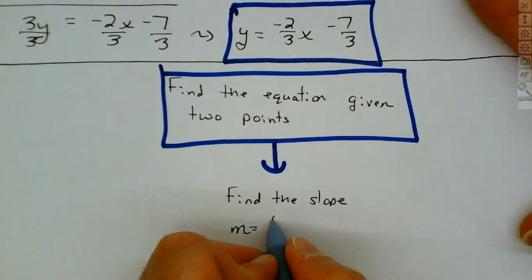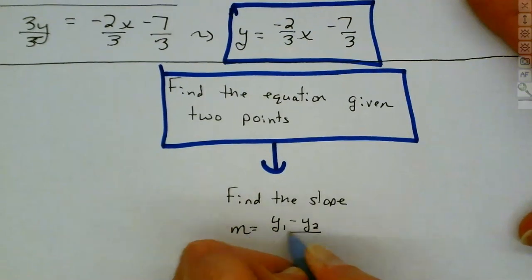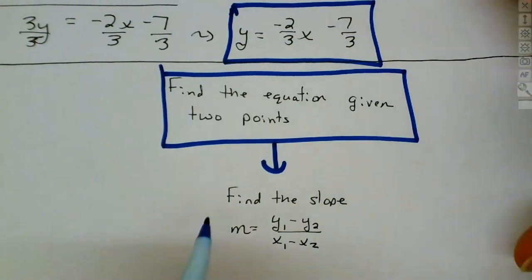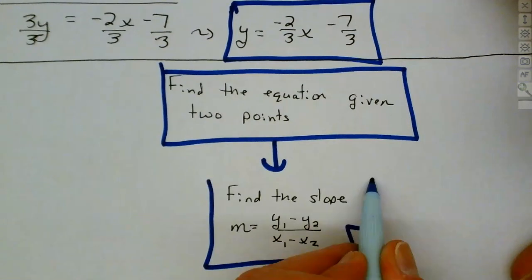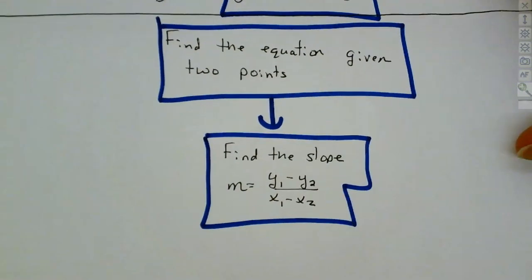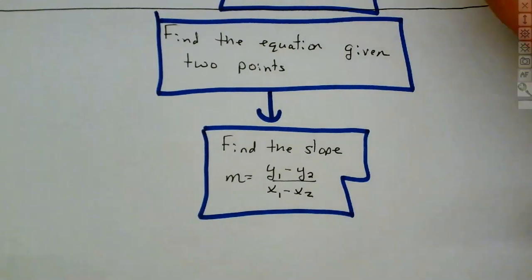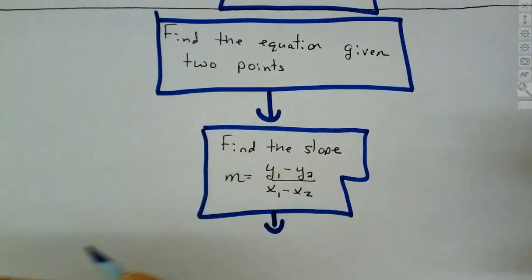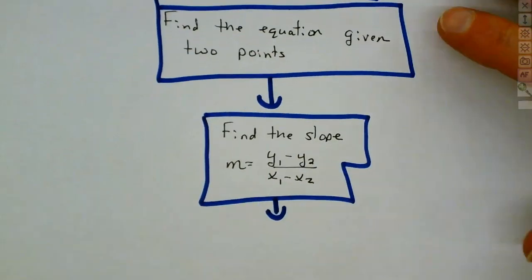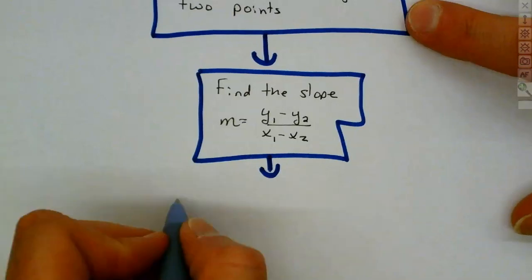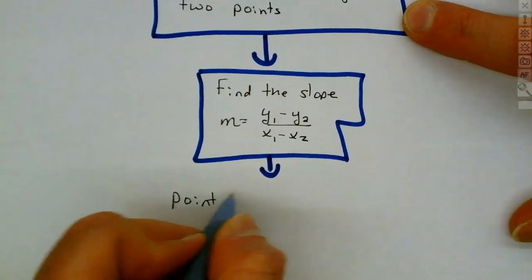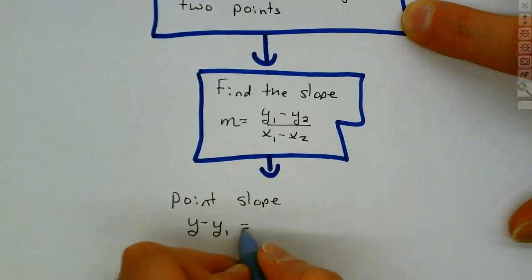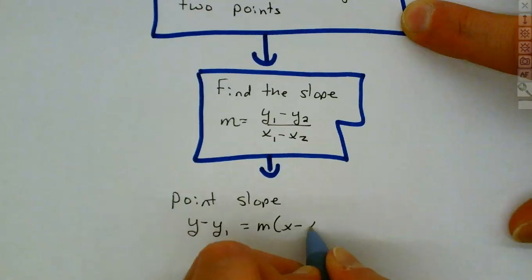Which, remember, your slope formula is y1 minus y2 over x1 minus your x2. Once you've got that, then what you do is apply your point slope formula. So you find your slope, and you apply the point slope formula, which is y minus y1 equals m times x minus your x1.